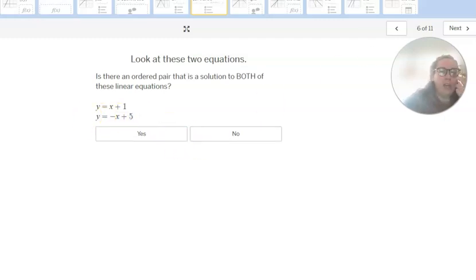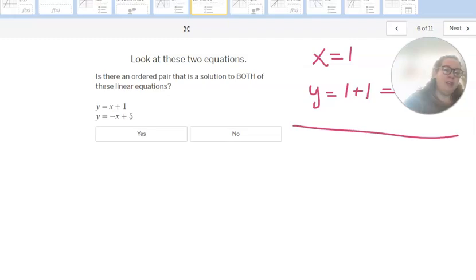So let's try out the number 1. What if X is 1? Y would be 1 plus 1, which would get us 2. For the next equation, if X is 1, Y would be -1 plus 5, which is 4.